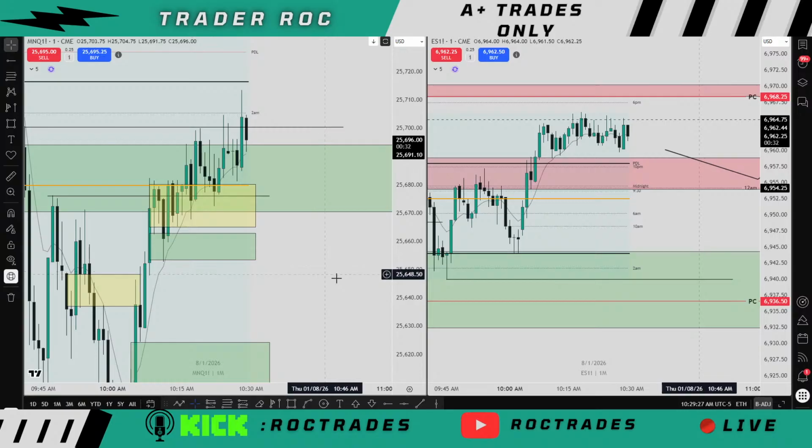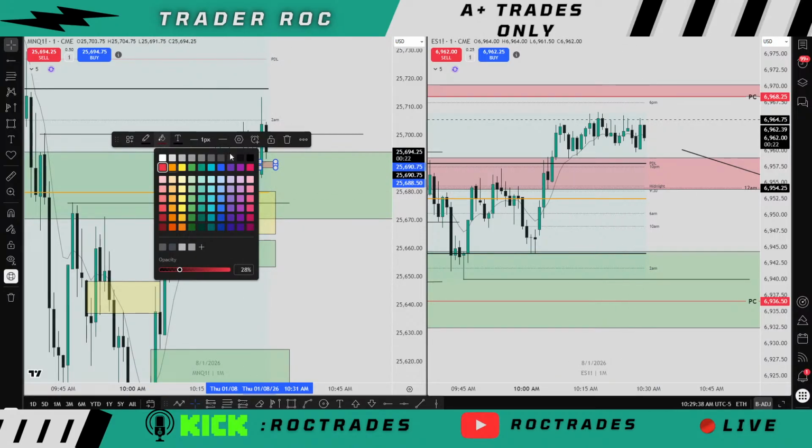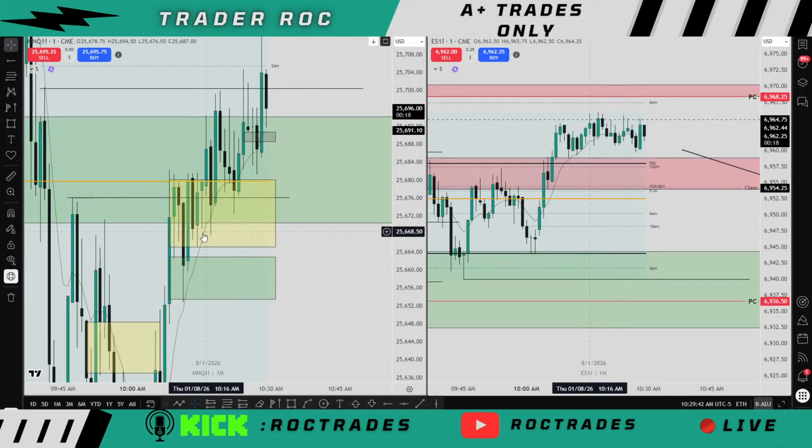All right. We had this small fair value gap here that seemed to be holding right here. Small fair value gap there. We drive into this area, finally get that fair value gap, and it held up nicely.